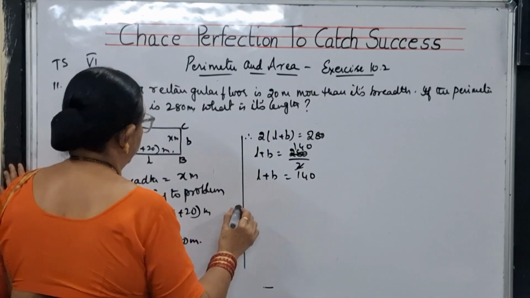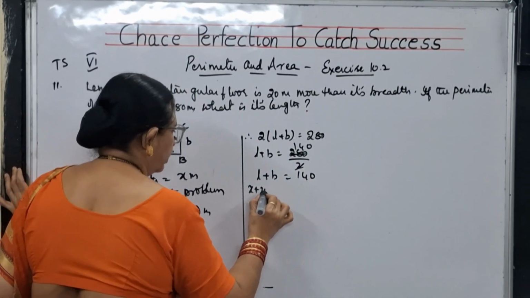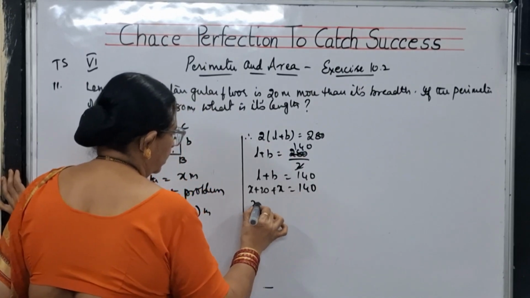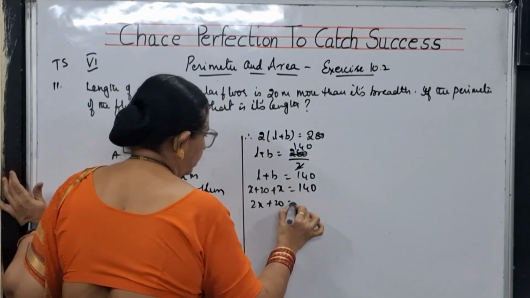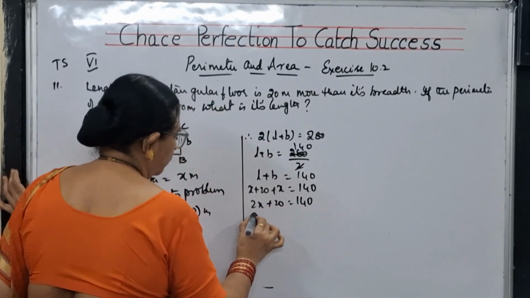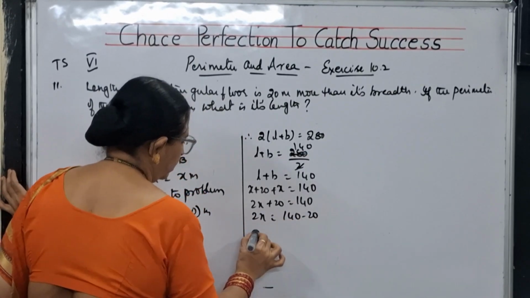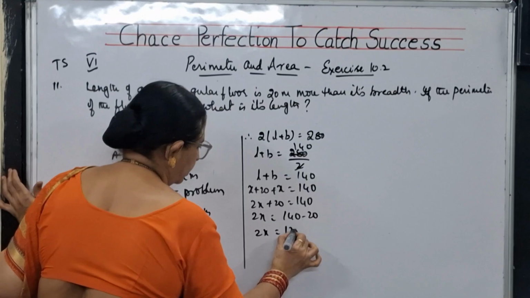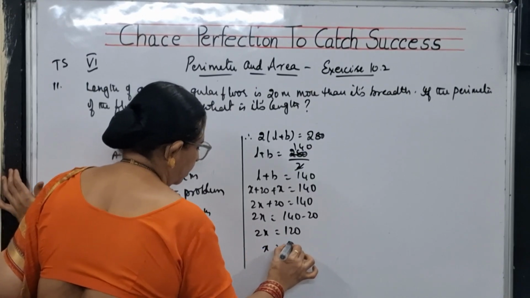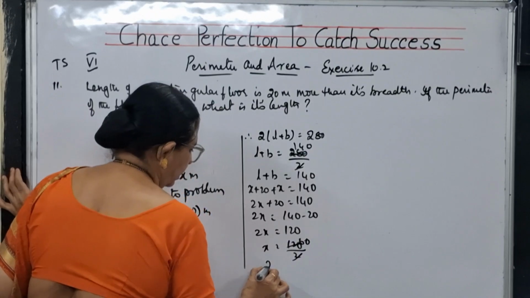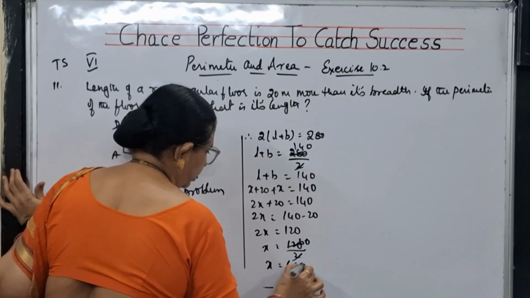Now, what is length? x plus 20 plus breadth is x is 140. 2x plus 20 is 140. What is 2x? 140 minus 20. 2x is 120. So what is x? 120 by 2, x is equal to 60 meters.